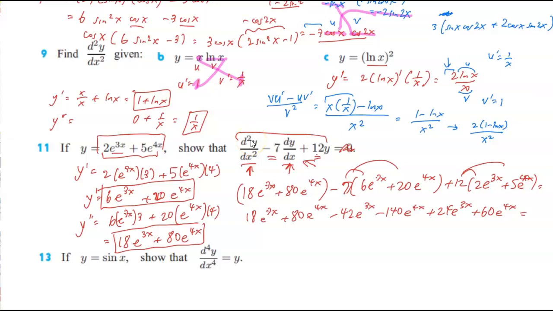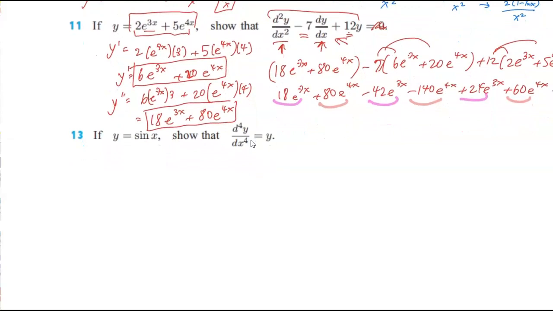Now we can combine like terms. So how many e to the 3x's? We got 18 plus 24, which is 42, minus 42. Oh, they cancel out. What about e to the 4x terms? 80 minus 140 plus 60. Oh, they cancel out too. So it does equal 0. Okay.